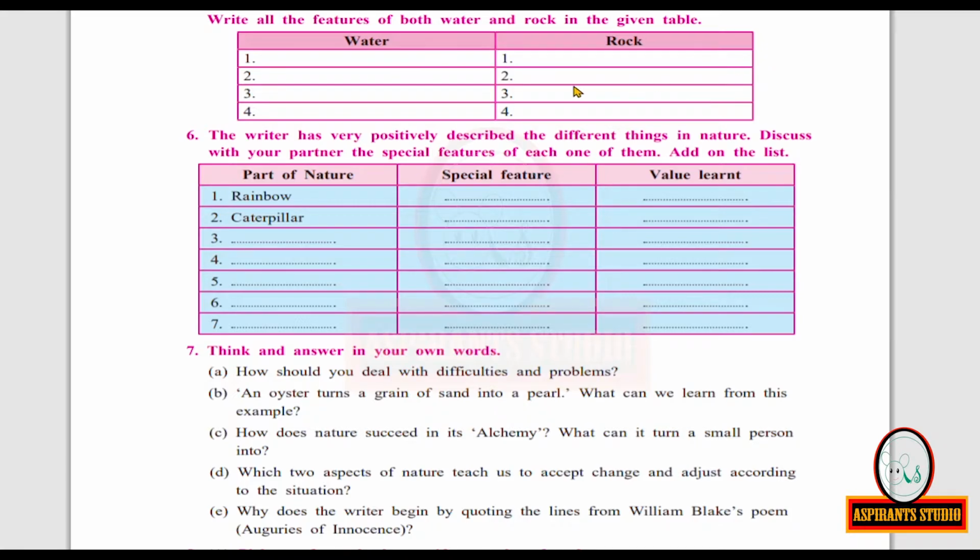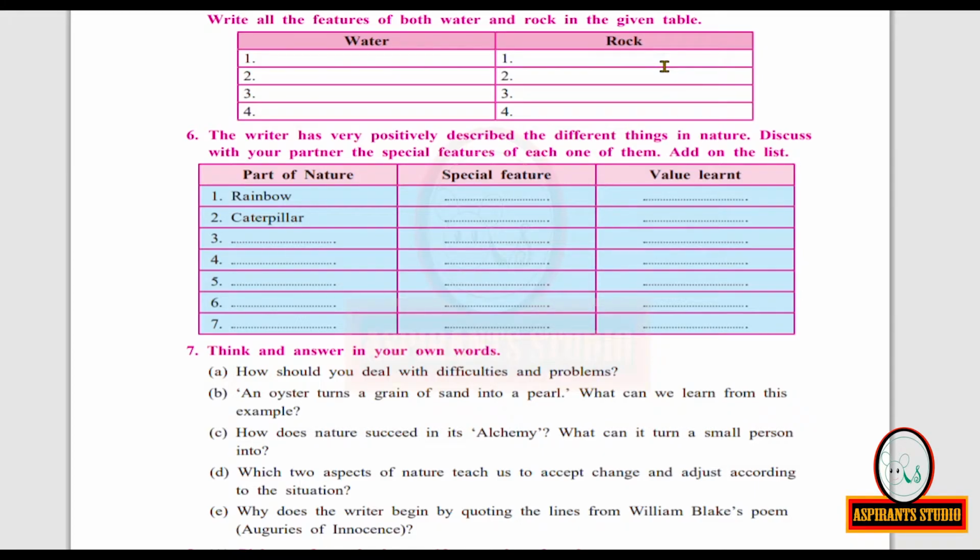Under water, you write gentle, persistent, P-E-R-S-I-S-T-E-N-T, persevering, P-E-R-S-E-V-E-R-I-N-G, determined, D-E-T-E-R-M-I-N-E-D.